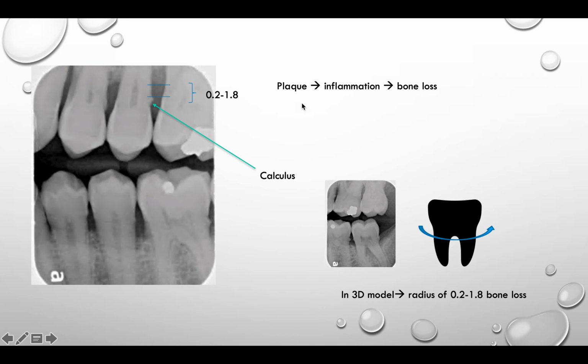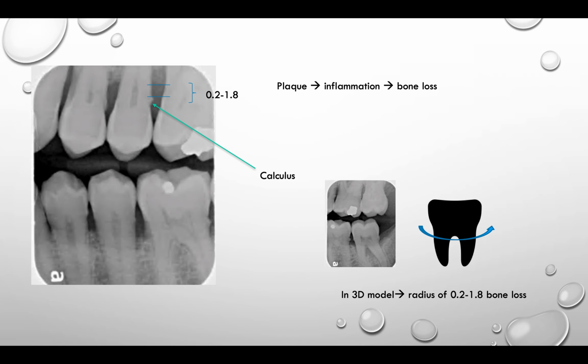In a 3D model, if you look at it in three dimensions, you would have a radius of 0.2 to 1.8 millimeters. It means if I have calculus in this spot around the tooth, the distance in all directions will be around 0.2 to 1.8 millimeters.